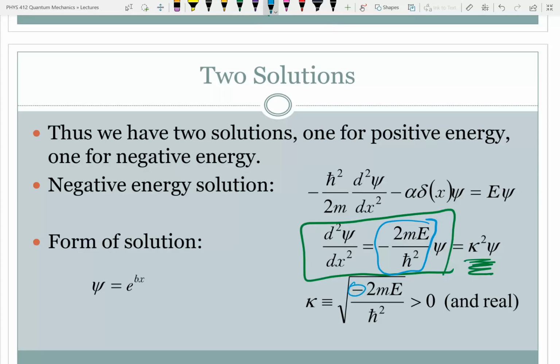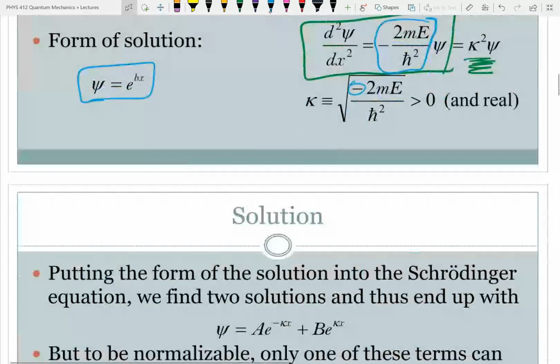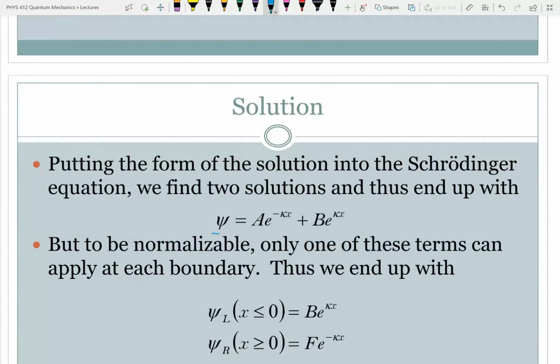This was for negative energies. The solution has to have this form. So we put that form into the Schrodinger equation, find the second derivative, and found that we had two solutions, one with beta equal to plus kappa, one with beta equal to minus kappa. So our solution, both on the left side and the right side, has this form.